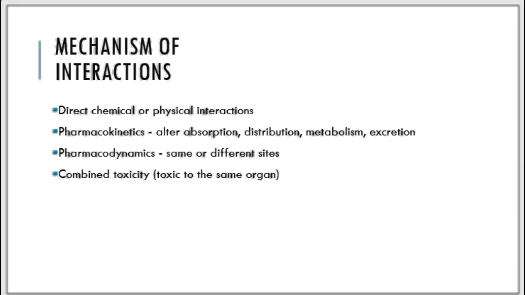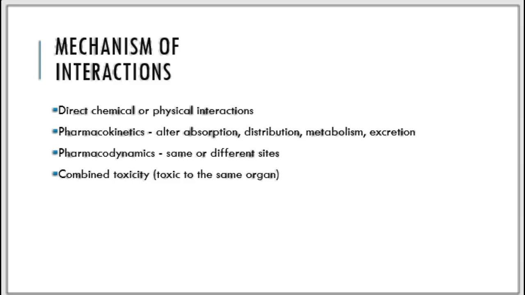You can also see potentiation of effects, like morphine acting on those mu receptors for pain. It can cause drowsiness and respiratory depression. Then if you give lorazepam, which is a benzodiazepine, you have the GABA receptors activated, which makes sedation and also respiratory depression.